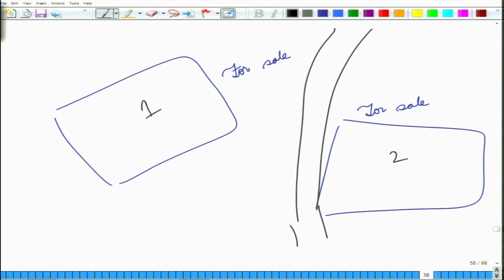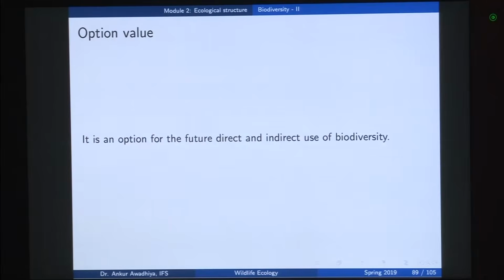However, the second piece of land is costing you say 4,000 rupees per square meter, and the first land is costing you say 3,000 rupees per square meter. Now, you want to have a land that is close to the road, but you are not sure whether you are ready to pay this price of 4,000 rupees per square meter, or should you go for this cheaper land.